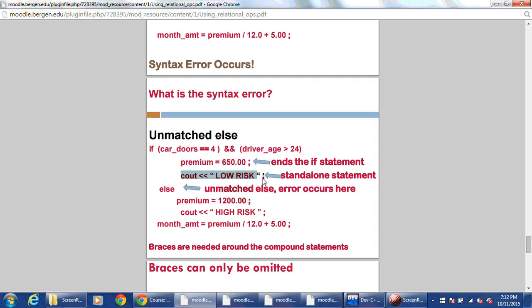This particular statement is considered a standalone, but it doesn't know if it's part of the if or just outside, and then you have an else here, so it doesn't know. You need braces around these compound statements. These are called compound statements because there are two or more statements within the body of an if and two or more statements within the body of an else.